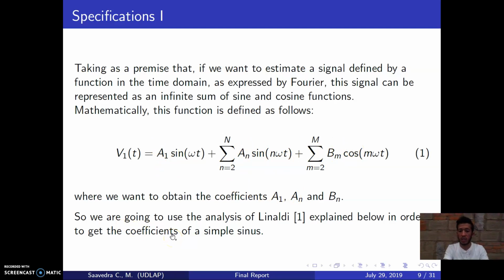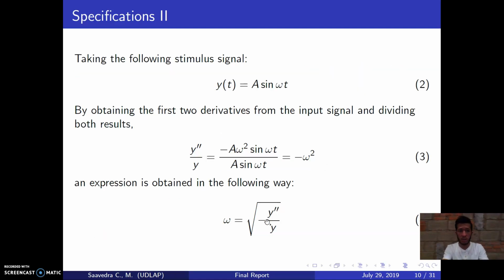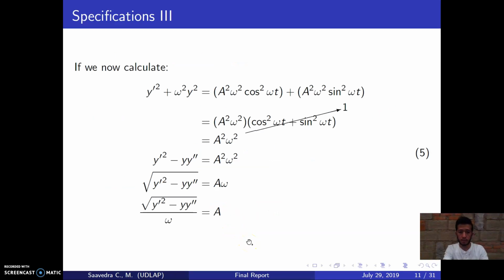So we're going to use the analysis of Rinaldi, and well, I'm going to explain this. Rinaldi takes one simple sine like this function. He makes the division of the second derivative and itself, and he obtains the frequency just by making some mathematical analysis.